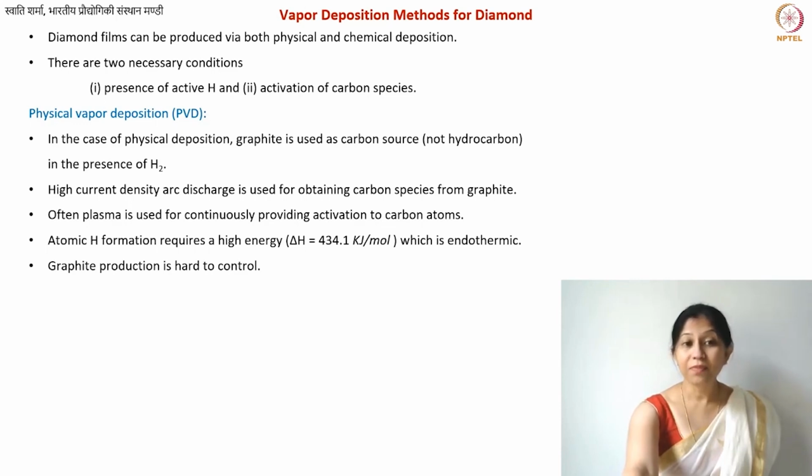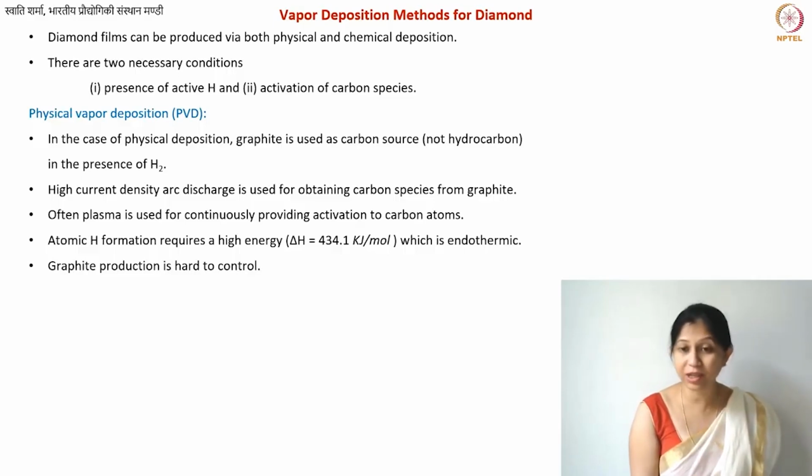Okay, and if you miss out on your temperature control, then very easily you can get graphite formation. This happens if the carbon species do not have high enough energy, or if you end up not getting enough atomic hydrogen, or if your atomic hydrogen converts back to molecular hydrogen.